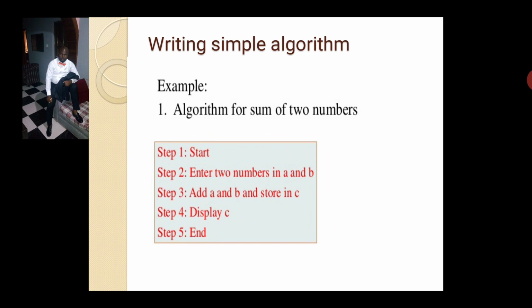Now, first of all, look at the process here. You see, step 1, you start. Remember, we say it's finite. It has a beginning and an end. Step 1, we start.